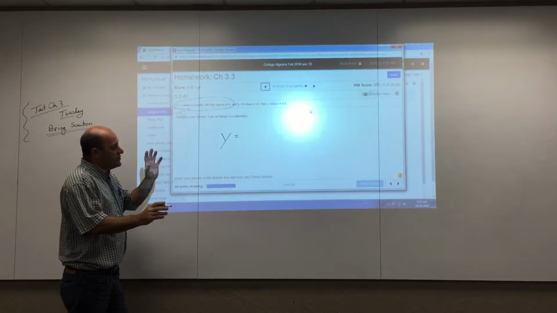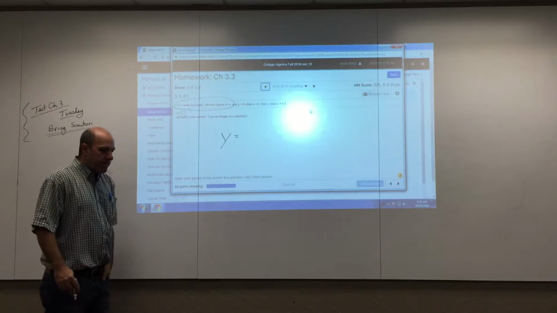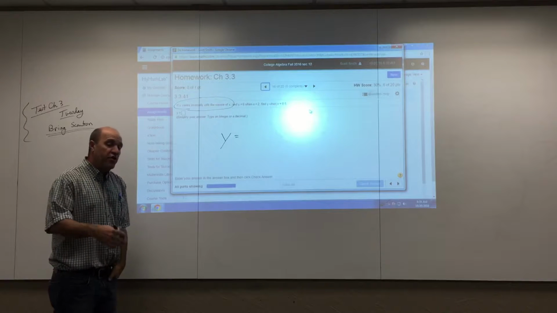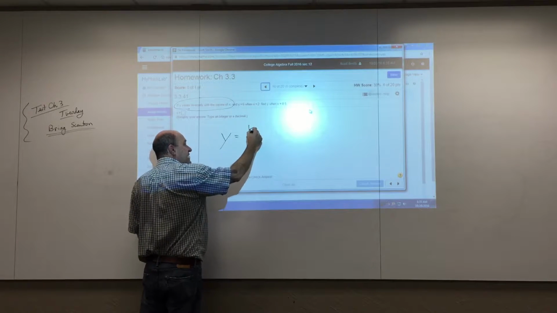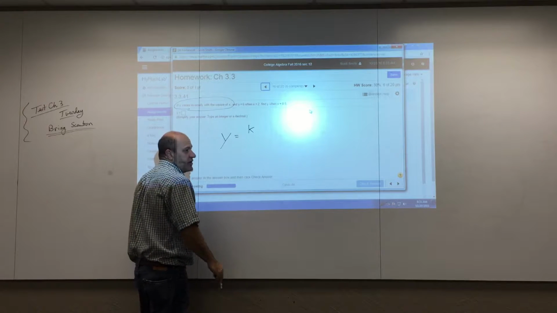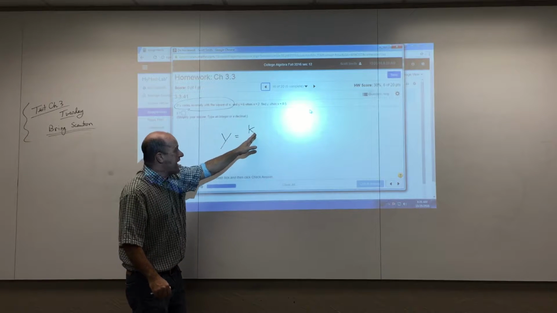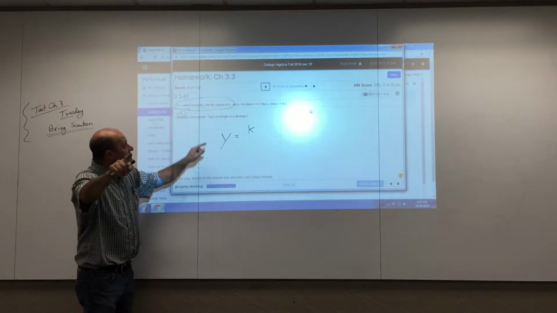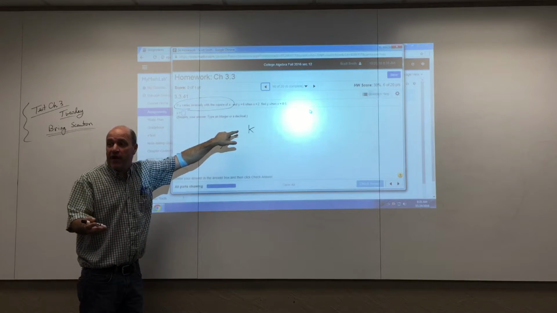Well, first of all, varies inversely means, I'm going to introduce a constant k. There's an unknown constant k. It's called the constant of variation. But if it was direct variation, then it would be multiplied by the square of x. Because it's inverse variation, it is divided by the square of x.